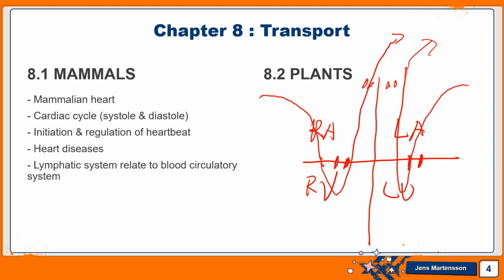You all know this, right? But in the cardiac cycle, you have to know how the systole and diastole of the heart control the blood flow in the heart. This is the new thing you have to learn.